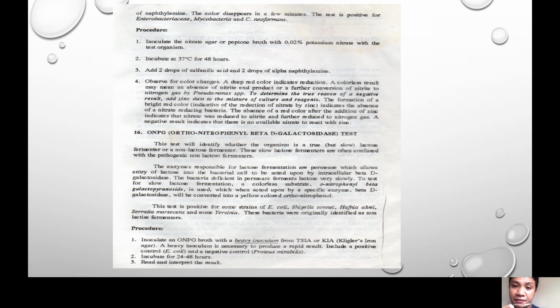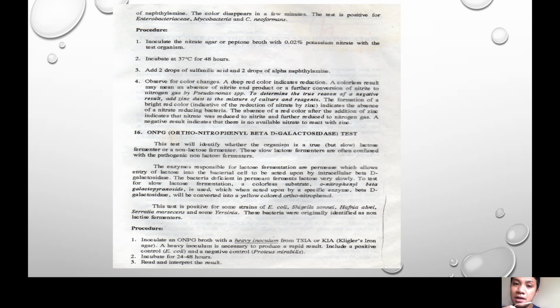That will give a positive result. For the procedure, we have ONPG broth inoculated with your organism. Then incubate for 24 to 48 hours and observe for a yellow color. Yellow is a positive result, and colorless is a negative result.